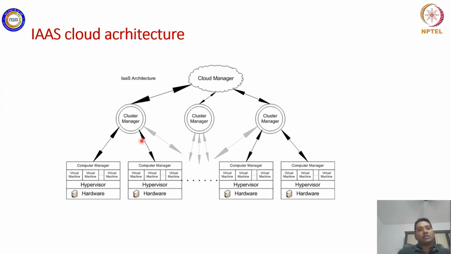So let's say one user is trying to access some resources in this virtual machine, and another user can access this virtual machine, but everybody will talk to your cloud manager through the cluster manager, and the cluster manager will be talking to your compute manager through a high bandwidth network.